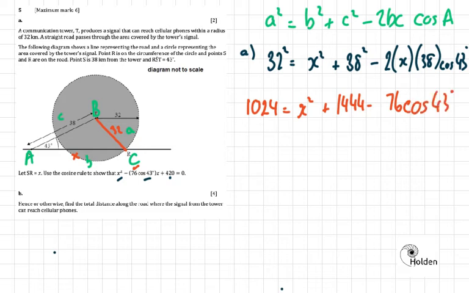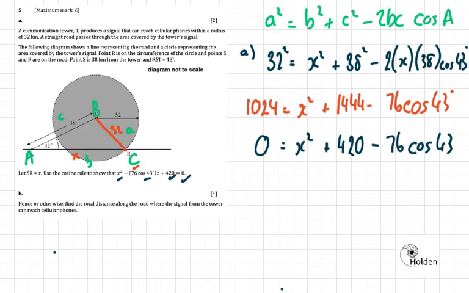If I subtract 1024 from both sides, that's going to leave me with 0, which is what we need. We're going to have X squared, and 1444 minus 1024 is going to give us 420, which is the value that we need in the question, minus 76 cos 43. Is that the same as that?